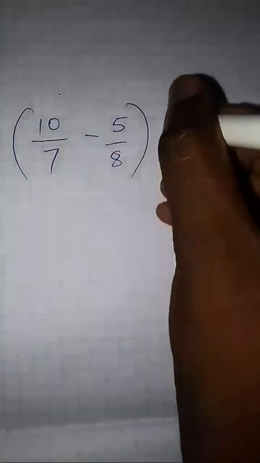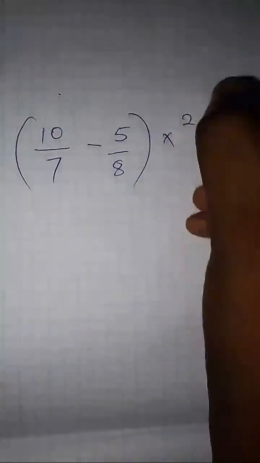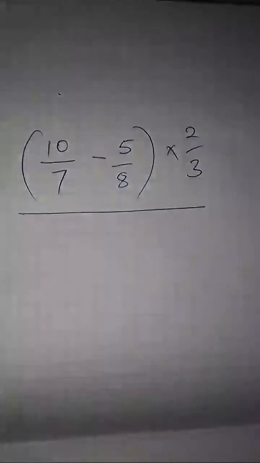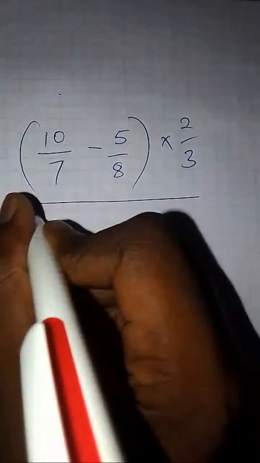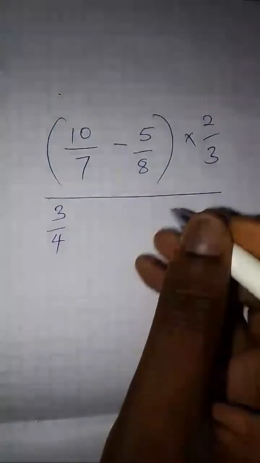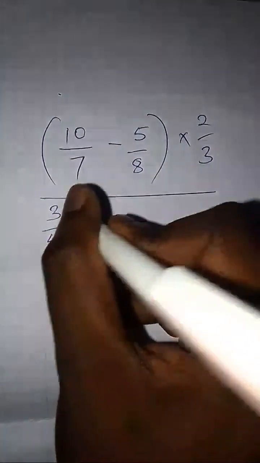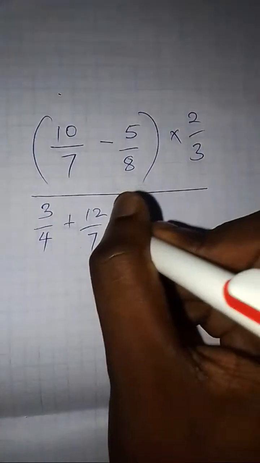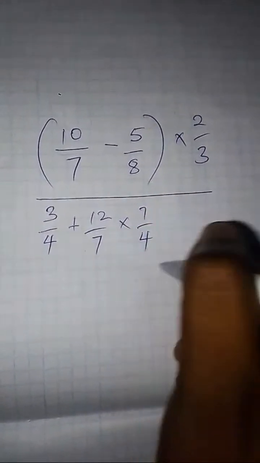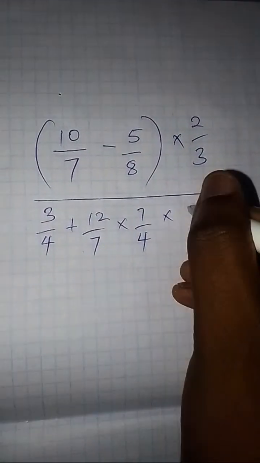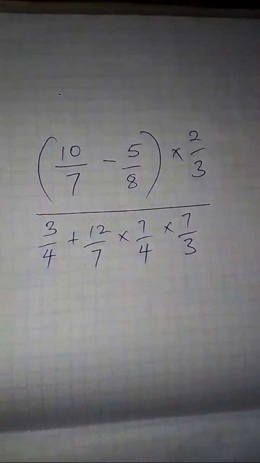Then this one inside the bracket, multiply by 2/3, all over 3 over 4, plus 12 over 7 times 7 over 4 times again 7 over 3.